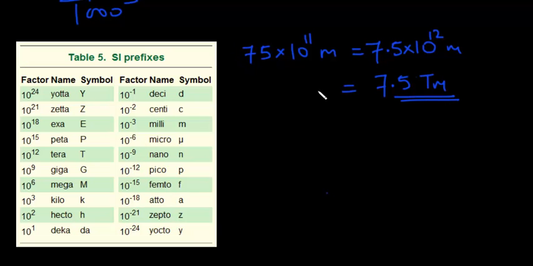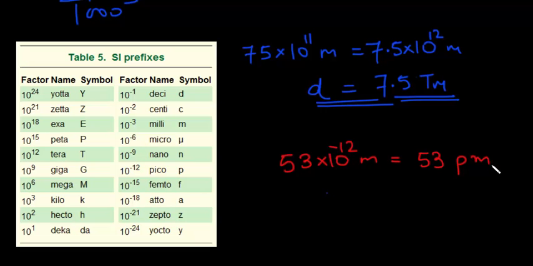So the distance between Earth and Pluto is 7.5 terameters. Very simple and beautiful. Similarly, the radius of the hydrogen atom was 53 into 10 to the power minus 12 meter. So we can write it as 53 picometer. Notice the prefixes for positive powers are written in caps, and for negative powers prefixes are in small letters.